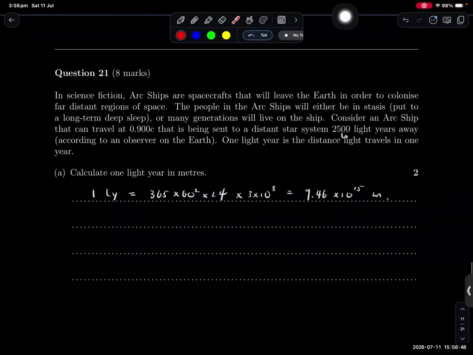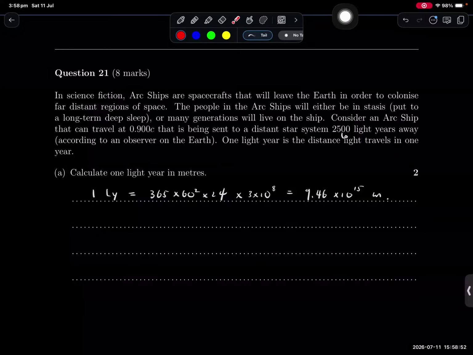Question 21. In science fiction, ark ships are spacecraft that will leave the Earth in order to colonize far distant regions of space. The people in the ark ship will either be in stasis, like a long-term deep sleep, or many generations will live on the ship.